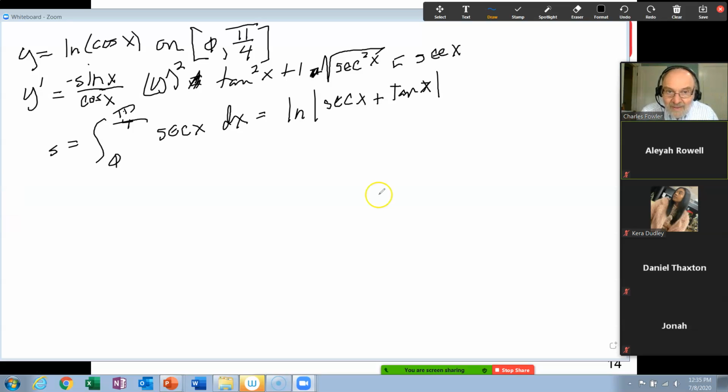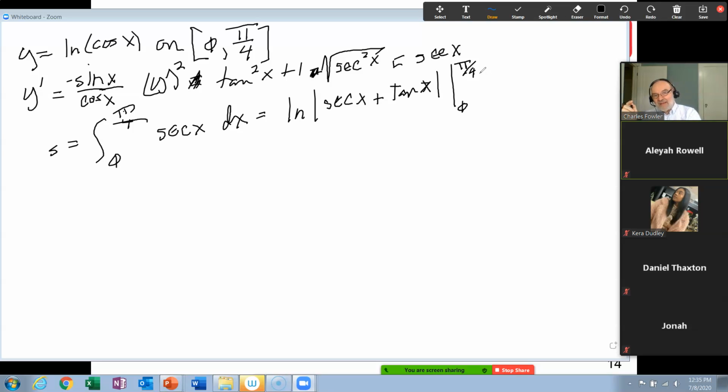Okay, now we're evaluating that from 0 to pi fourths. Now you don't need to worry about the absolute value sign. Secant is positive from 0 to pi fourths, tangent is positive from 0 to pi fourths, so you're okay.